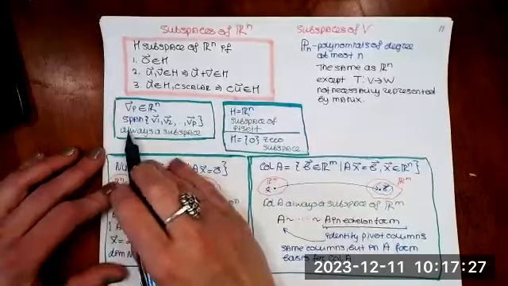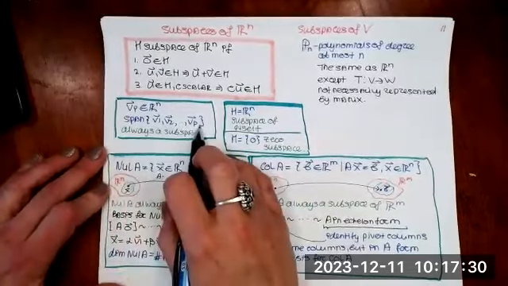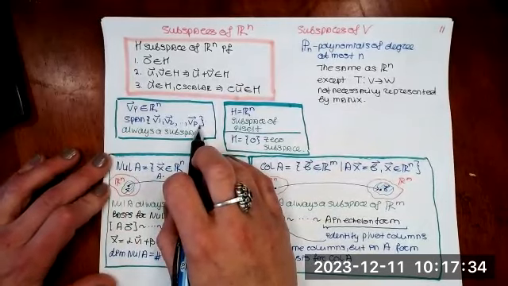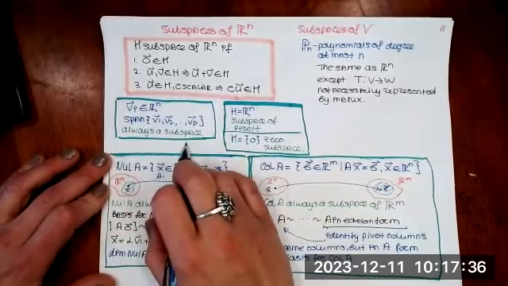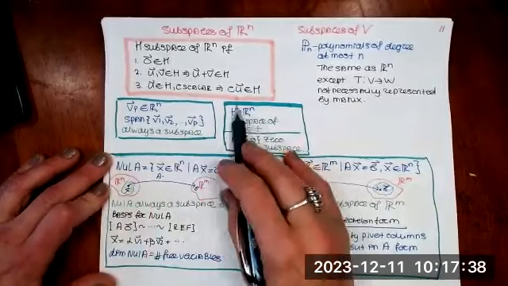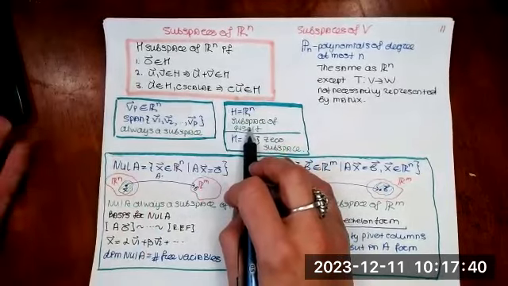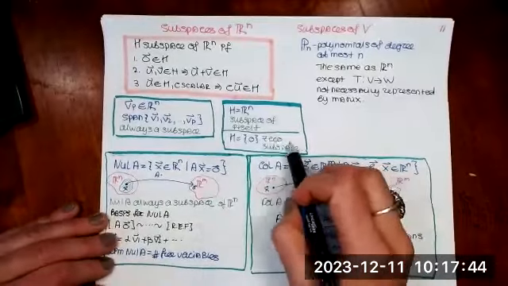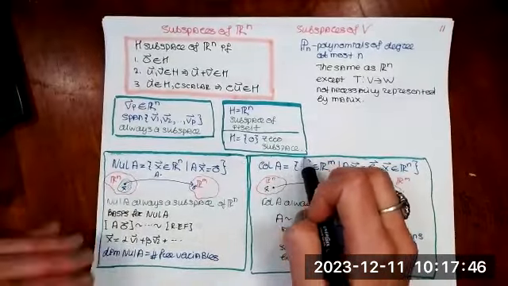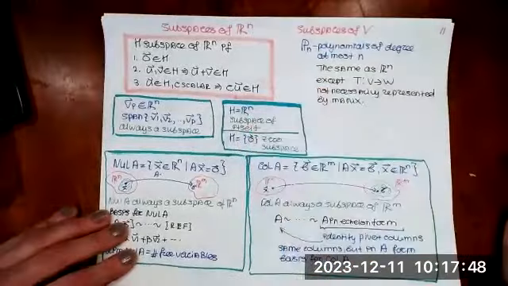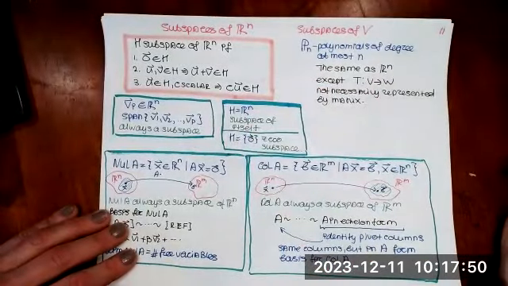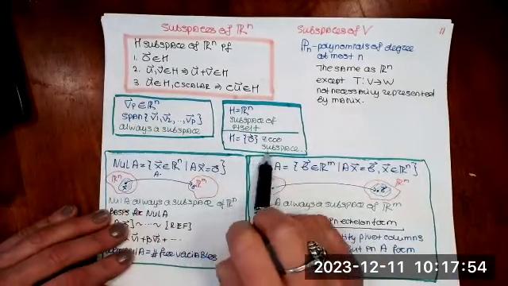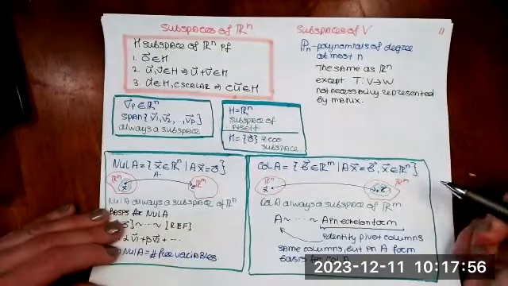One: the span of any number of vectors in Rn is always a subspace. Also, the whole of Rn is a subspace of itself, the biggest subspace. And the zero subspace is the smallest subspace. So you go from Rn to different spans of vectors to zero, the smallest subspace.